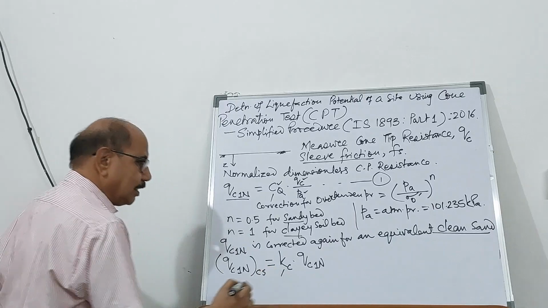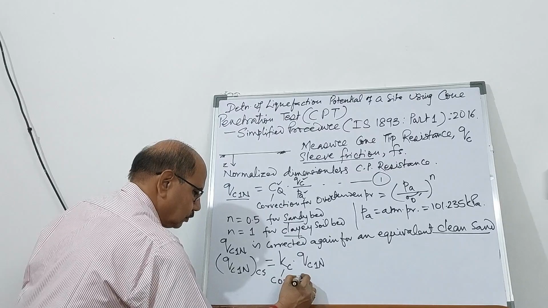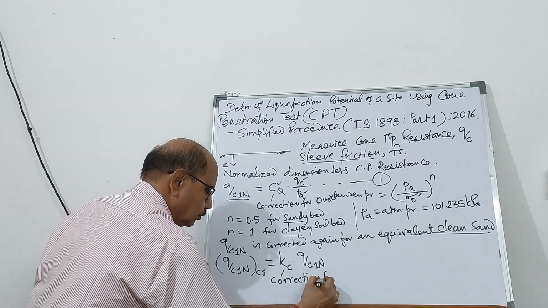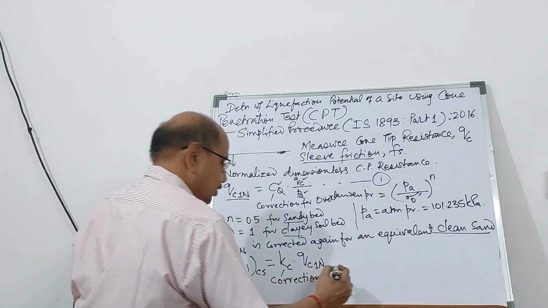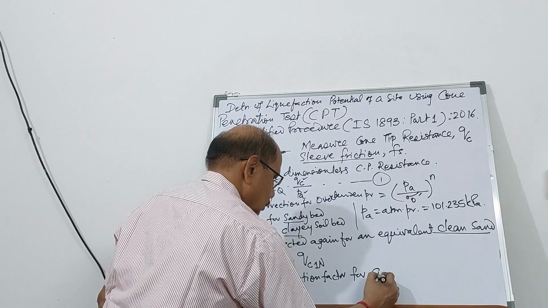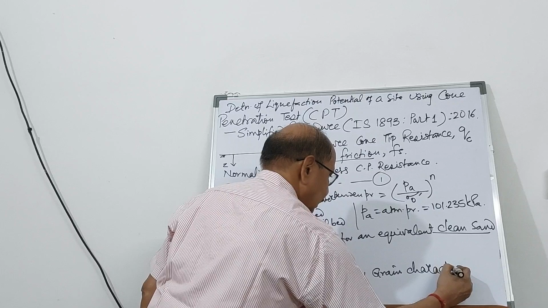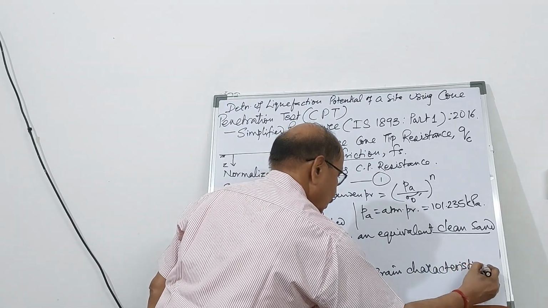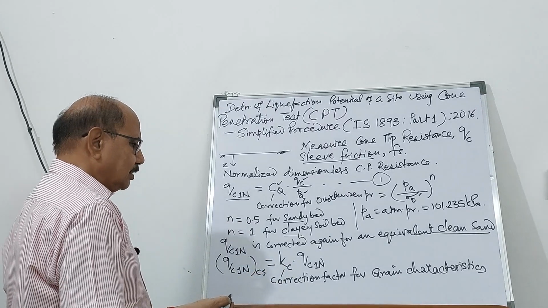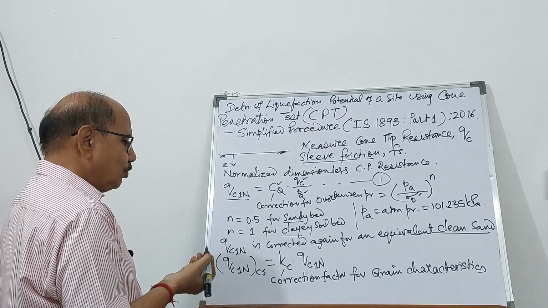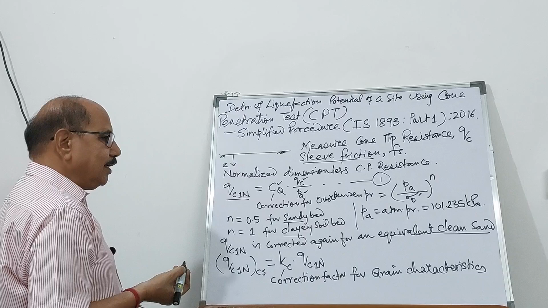So Kc is called correction factor for grain characteristics. A sand is called a clean sand when the percentage fines are less than 5%. Up to 5% it is going to be clean sand.